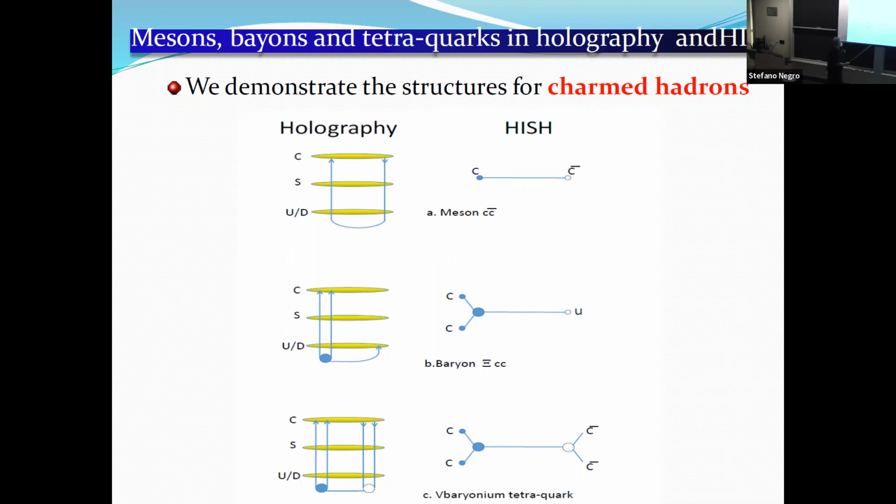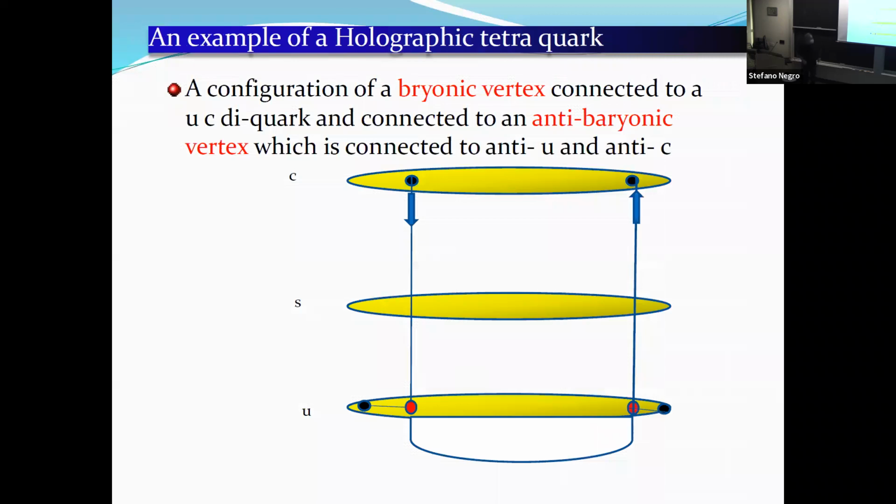Then it's not difficult to draw also a picture where there is a baryonic vertex and another antibaryonic vertex that are connected, and we have here a system of 2 quarks, 2 antiquarks, and that's exactly the tetraquark. Now, this is another example, where the diquark is a CU and C bar U bar.